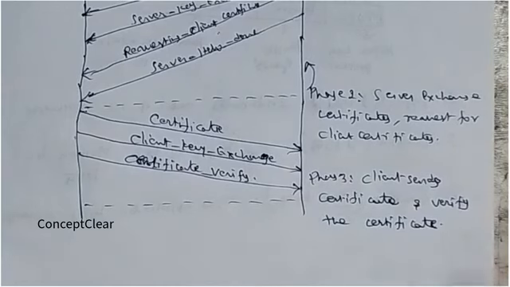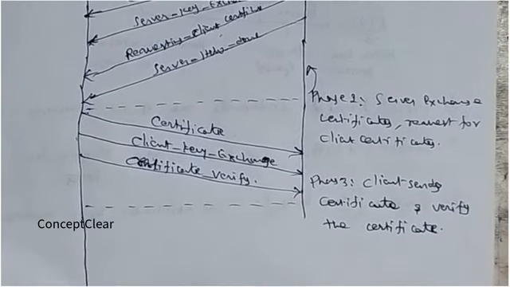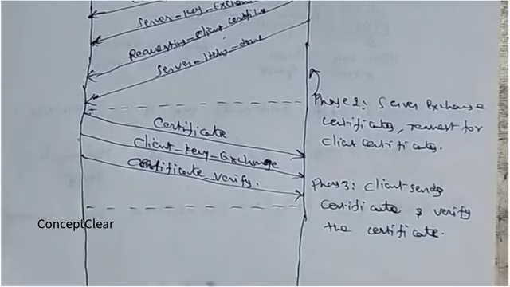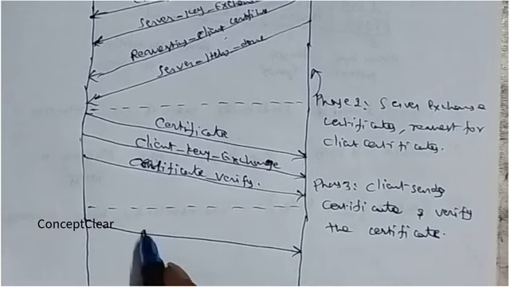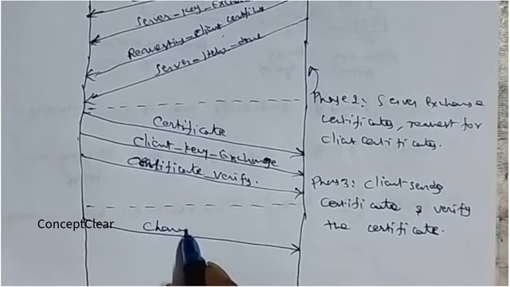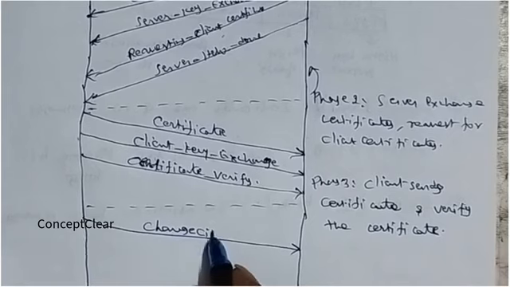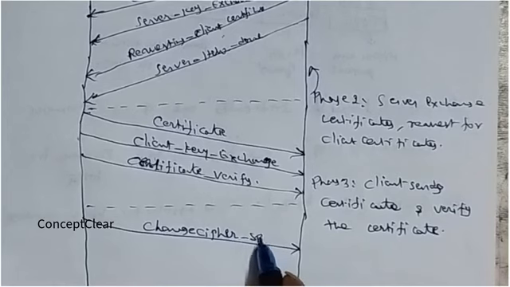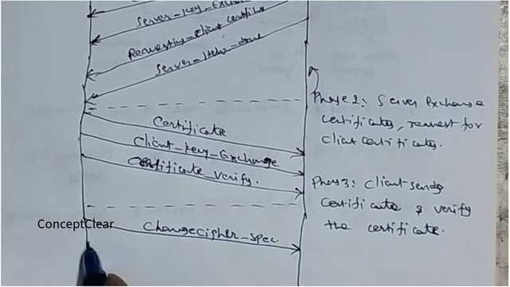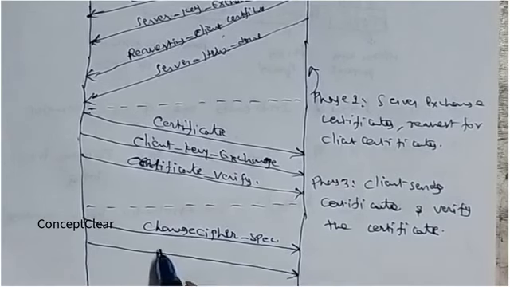In the fourth phase, what will happen? In the fourth phase, the client will send a message to change cipher specifications. Next, he will finish it.